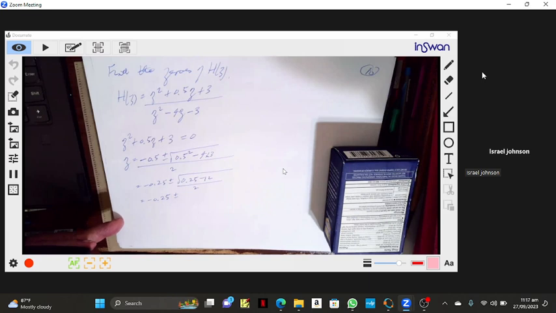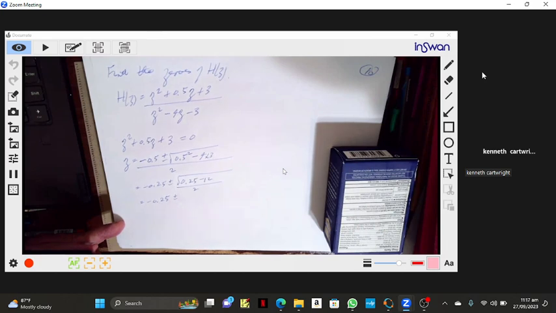The square root of 0.25 minus 12? And how did I get 12, Mr. Johnson? Not sure. Look at the line right above it. How did I get 12? You don't see the 4 times 3? Oh, no, so I thought that was a 1.